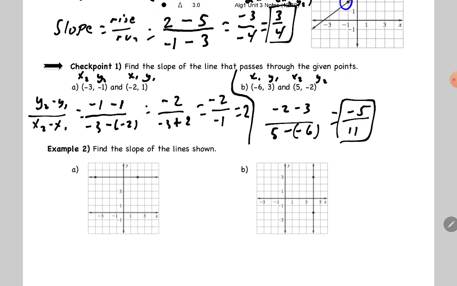Okay, find the slope of the lines shown in part A. So part A, we have a horizontal line, and we have 2 points here. So this point was negative 4, comma 5, and this is 2, comma 5.